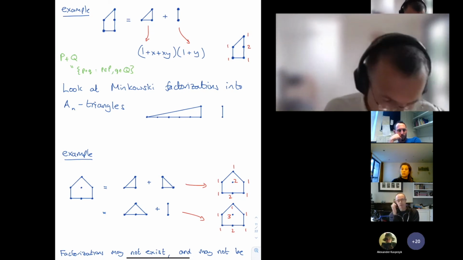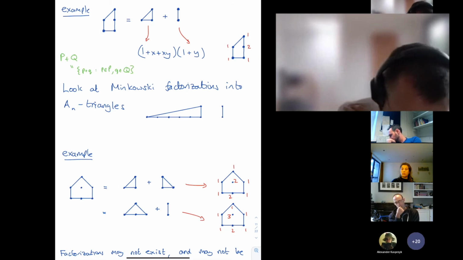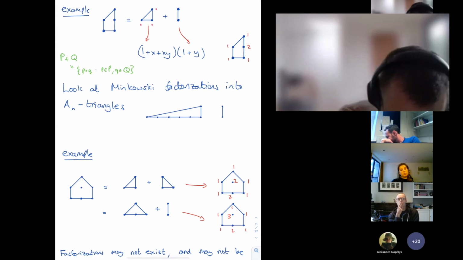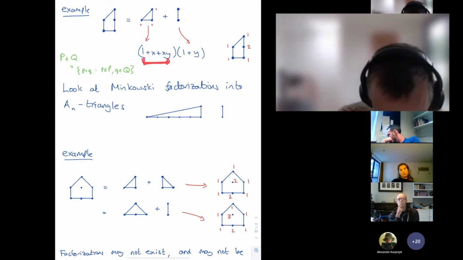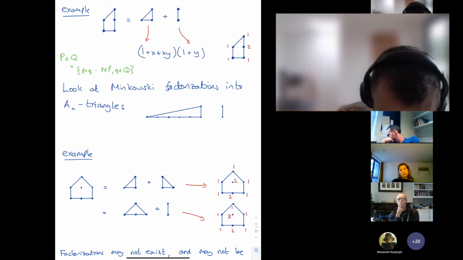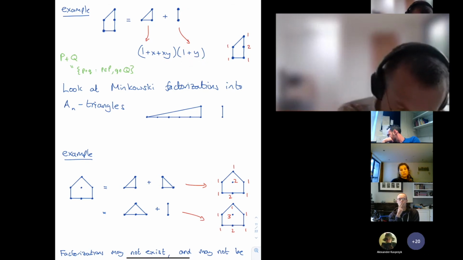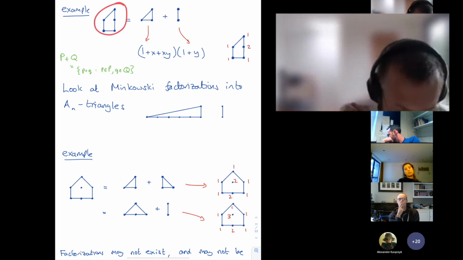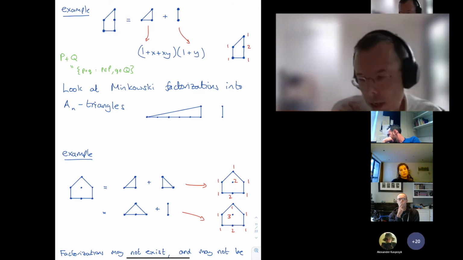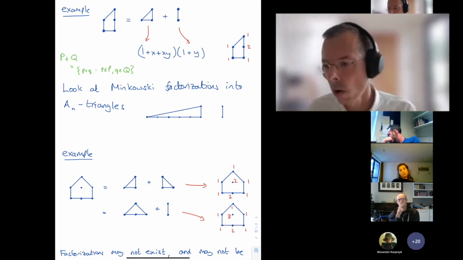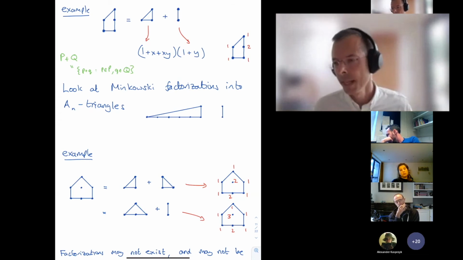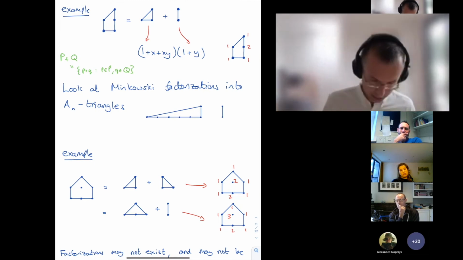For example, if I had my factorization like this, then this factor would give me 1 plus xy, which are the lattice points that I see, and this one will give me 1 plus y, which is the lattice points that I see. If I multiply out those polynomials, I get a polynomial which has this as its Newton polytope, so I know what coefficients to put on the faces, and I always get binomial coefficients on the edges. So this gives me a recipe.